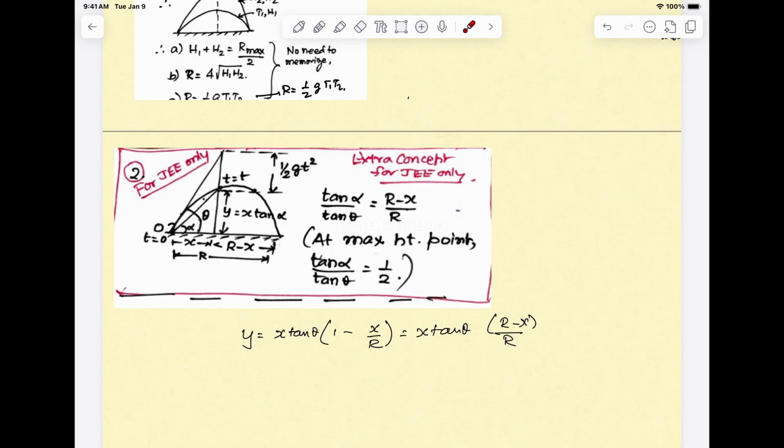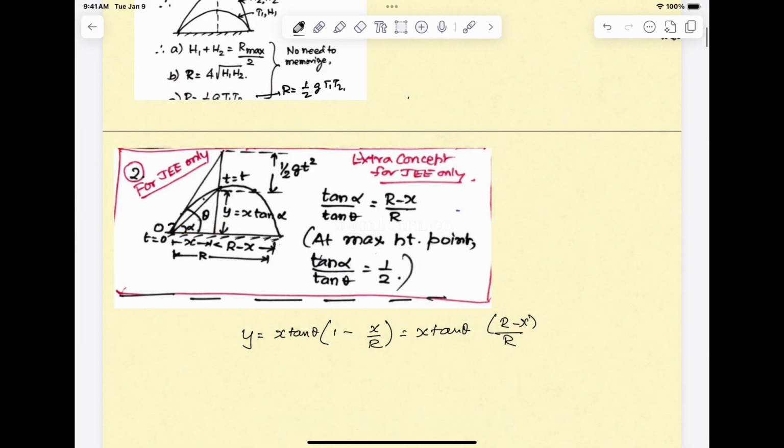Now I can also say what y is again. y is equal to x tan alpha, where alpha is the angle of elevation of the point P at which the projectile is located at time t. Therefore y can be expressed as x into tan alpha.